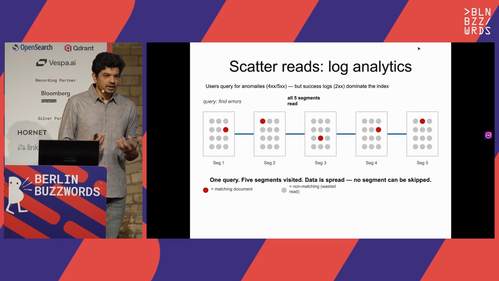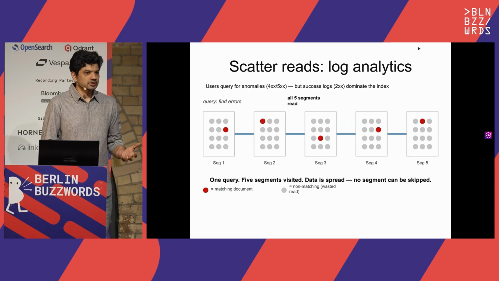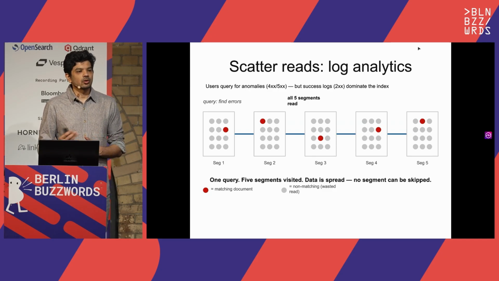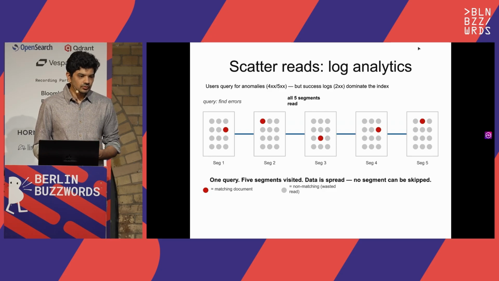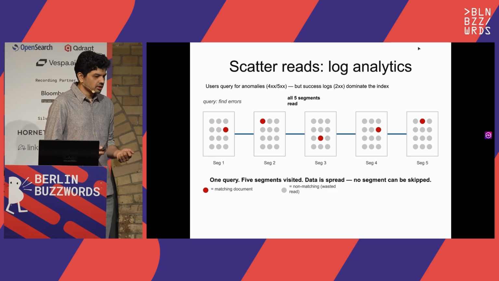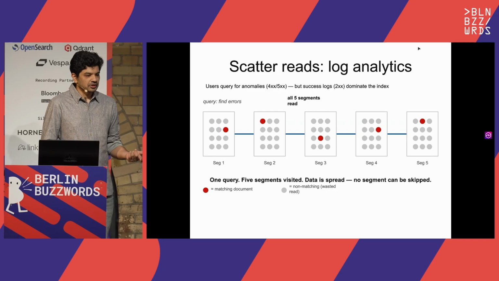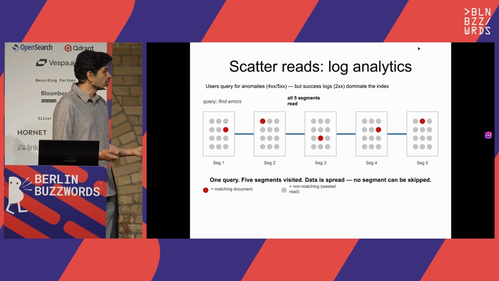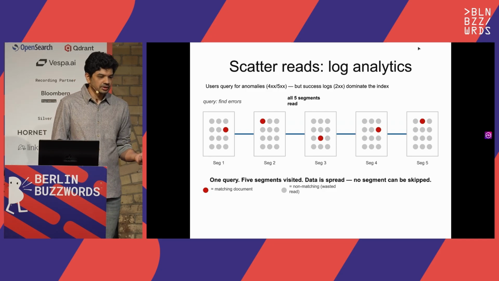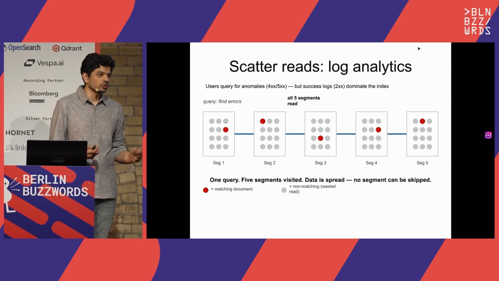Even though your data is mostly success logs, your query patterns will be around error logs. In this example, I've given 5 segments, and each red dot is an error data point where your query will search.